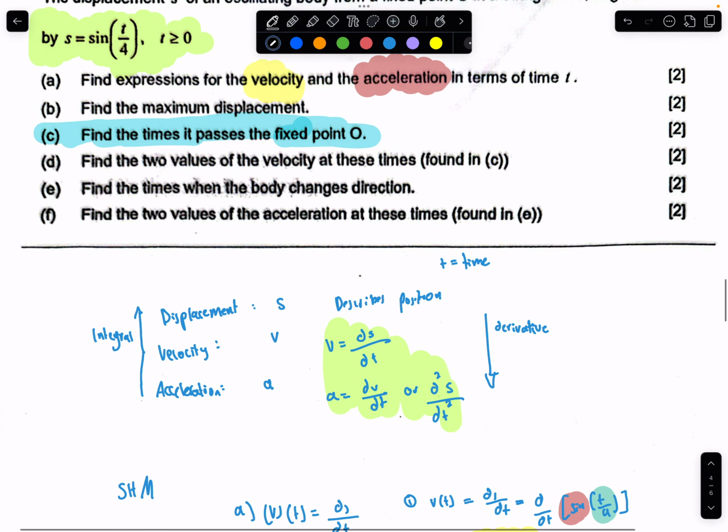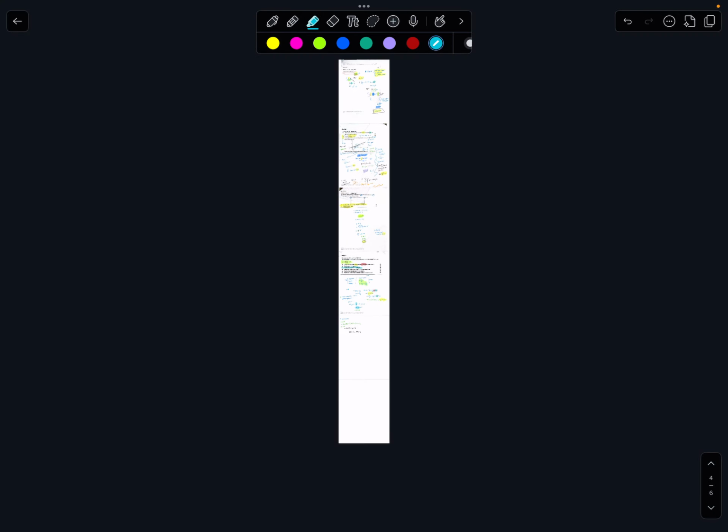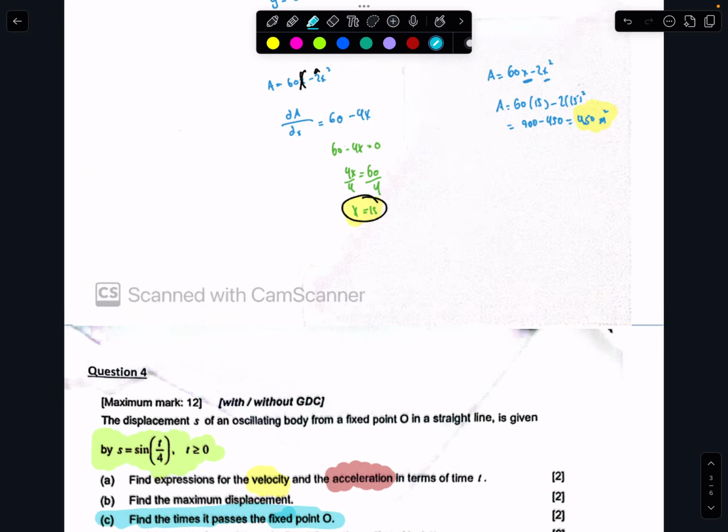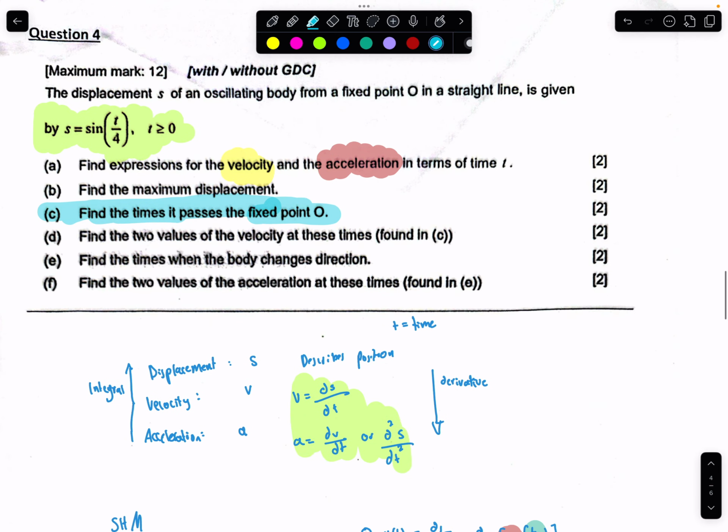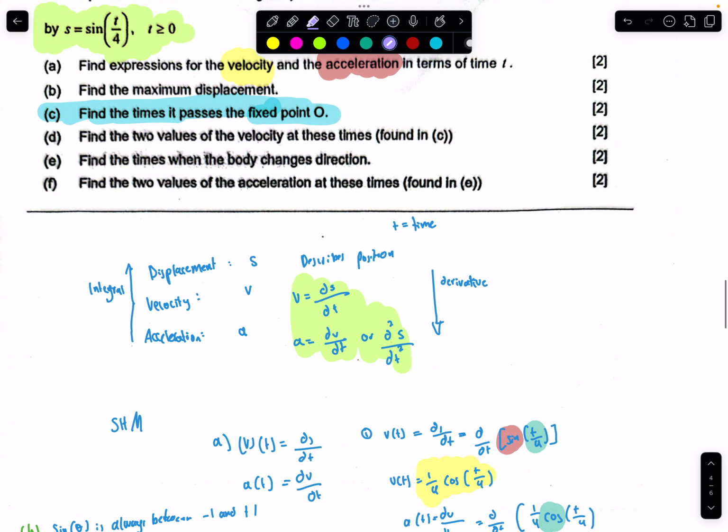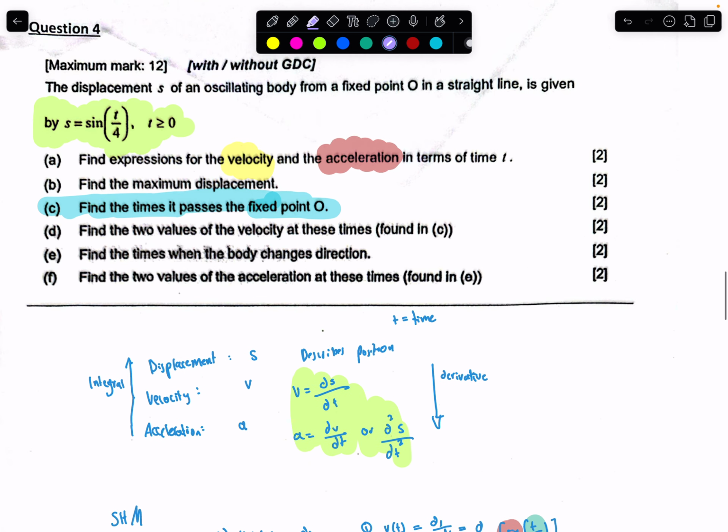Find the times when the body changes direction. So what does this mean? When the velocity is equal to 0, that's when it stops and turns around.